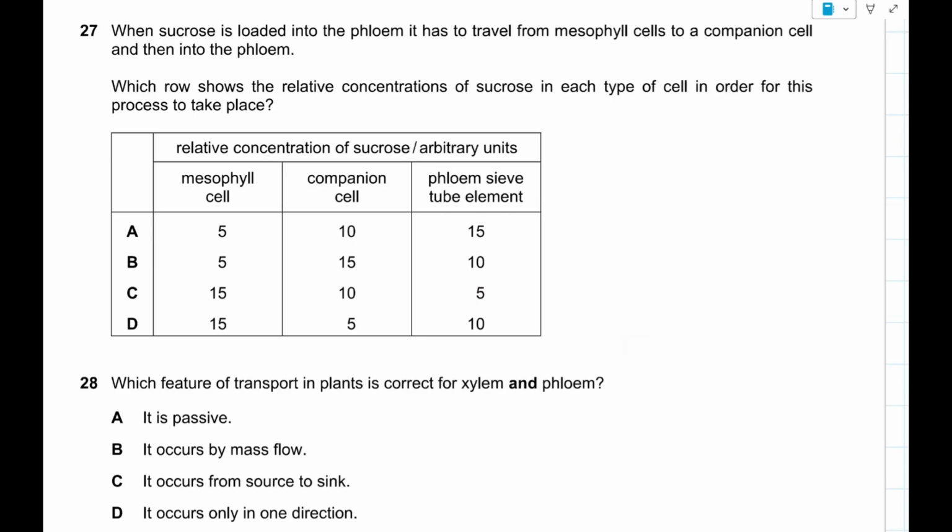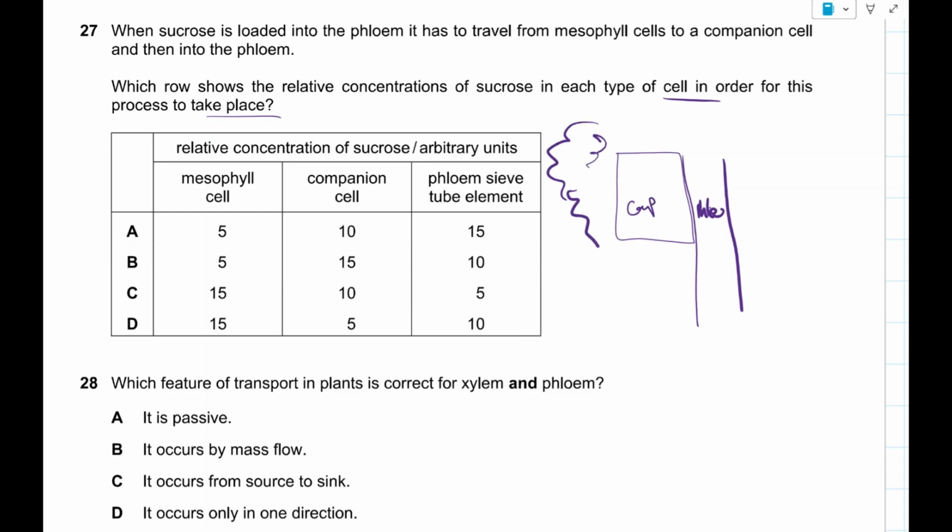Question number 27. When sucrose is loaded into the phloem, it has to travel from mesophyll cells to a companion cell and then into the phloem. Which row shows the relative concentration of sucrose in each type of cell in order for this process to take place? So, going back to the last question and our last point, here we have the phloem sieve tube element, the companion cell, and the mesophyll cells, which contain the sucrose, and they are outside.